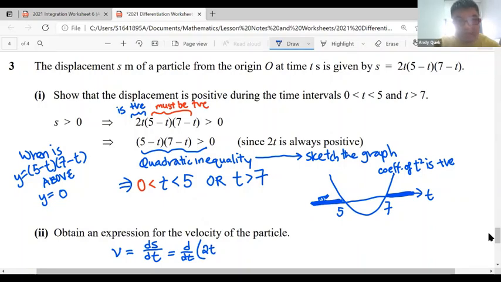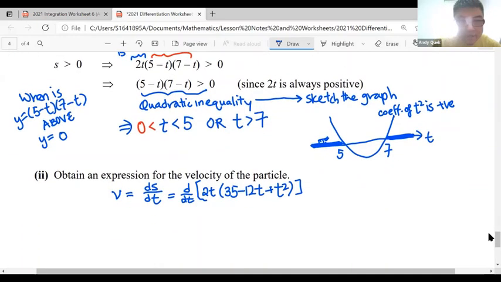So it's 2t times, I think it's 35 minus 12t plus t squared. Okay, to minimize confusion, let's use square brackets. Okay, I've not done the differentiation yet. Okay, let's expand some more.